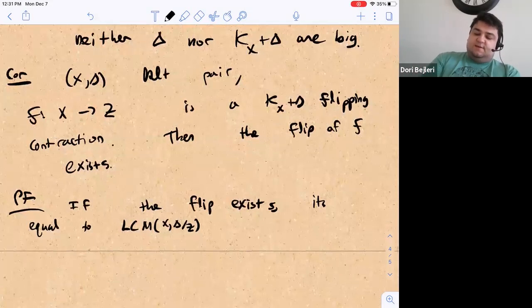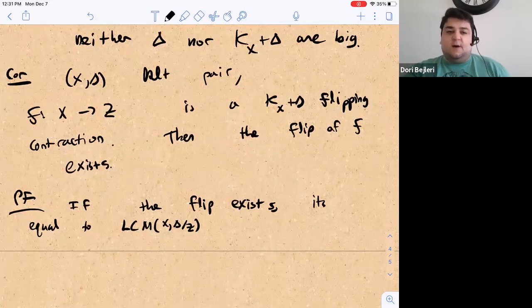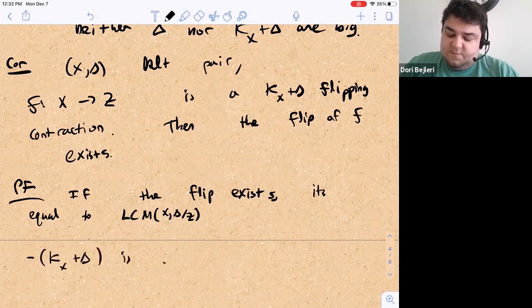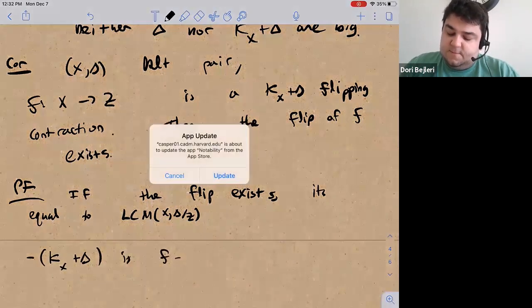So we just need to show that the situation of a flipping contraction falls in the case of existence of log canonical models that BCHM proved, and that's not so bad. So by assumption, minus (K_X plus delta) is f-ample. That's what it means to be a flipping contraction.